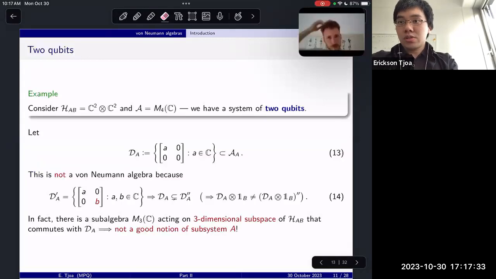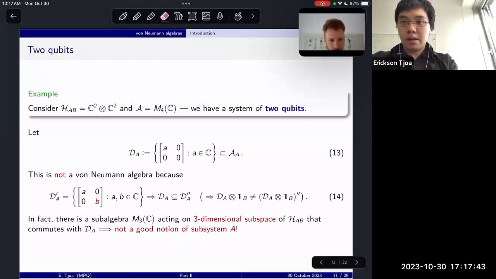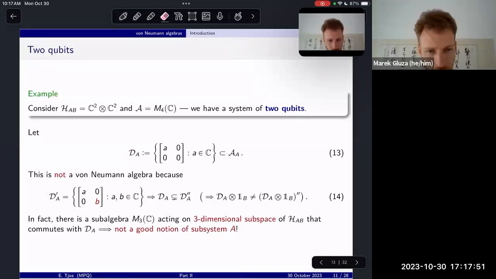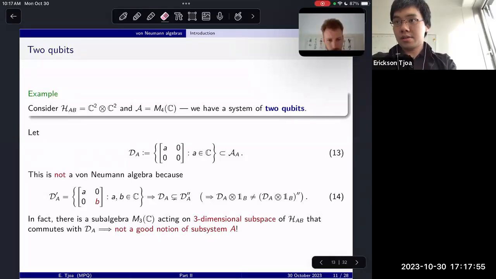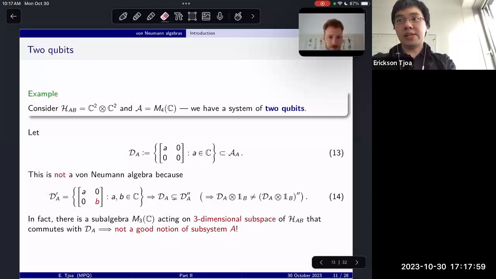But this is also, sorry, any question? Yeah, could you explain this double prime? So D prime. So remember, yeah, a von Neumann algebra must be equal to its own double commutant. Okay. But D_A commutes with everything that is diagonal. Yeah. But a diagonal matrix also commutes with itself.